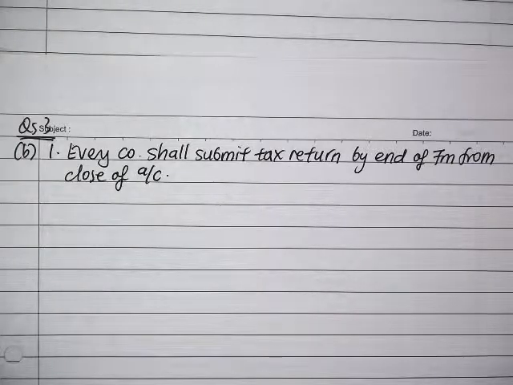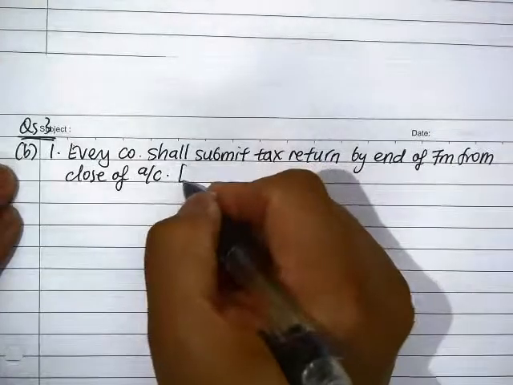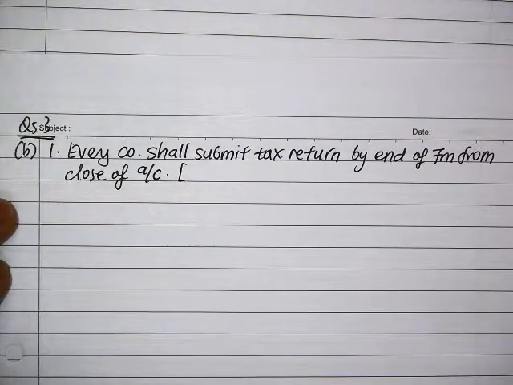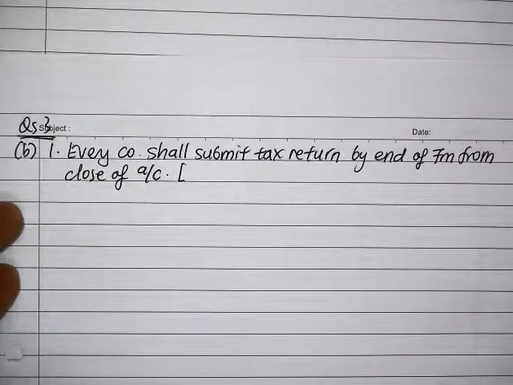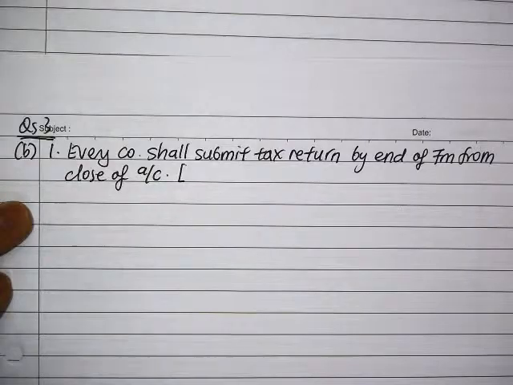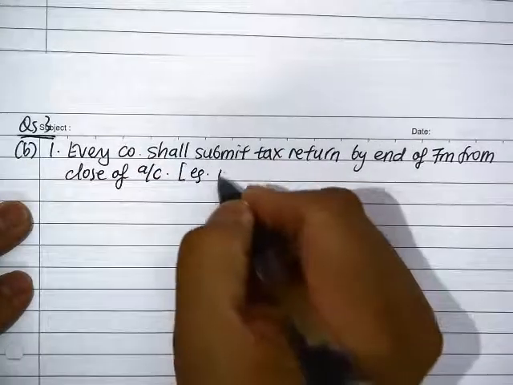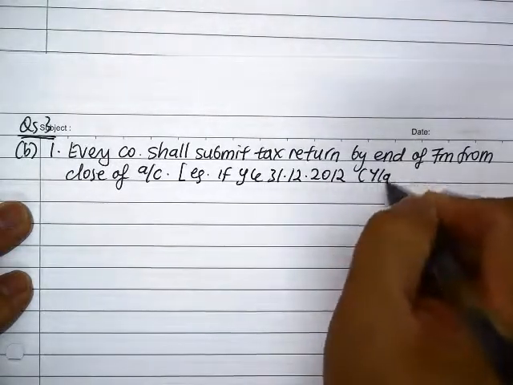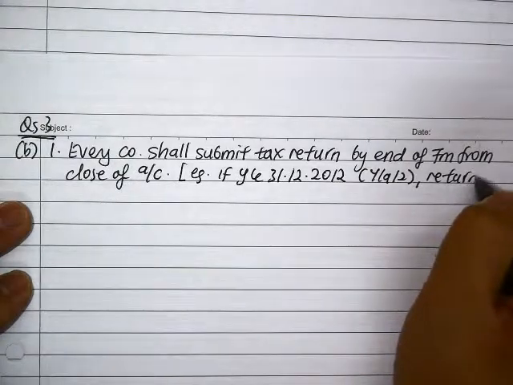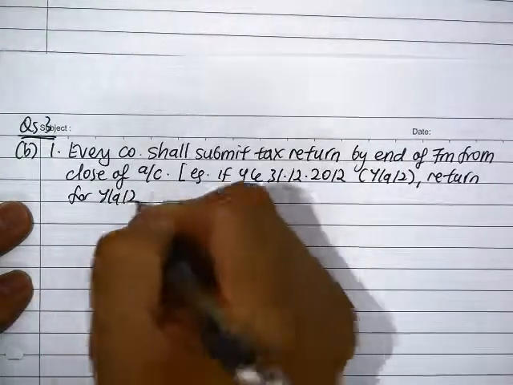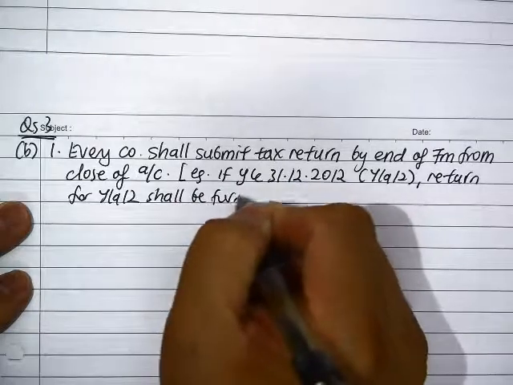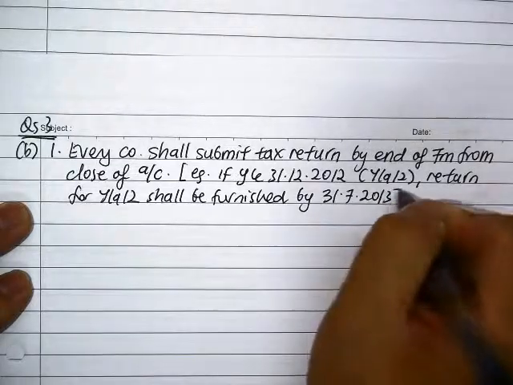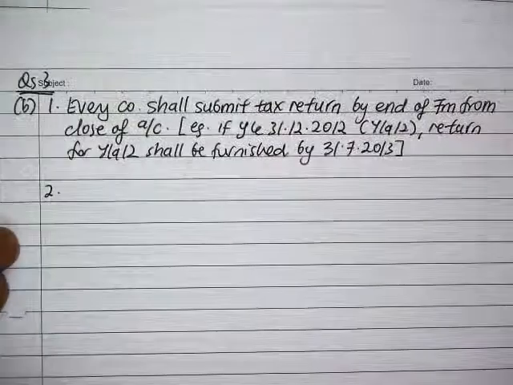That's 1 point. Okay. Now, not very sure, give an example. If you are in the exam, you're not very sure, give an example, because sometimes we will give credit to your example if you're able to express the point correctly. Example, if year end is 31st December 2012, Y12, the return for Y12 shall be furnished by 31st July 2013.